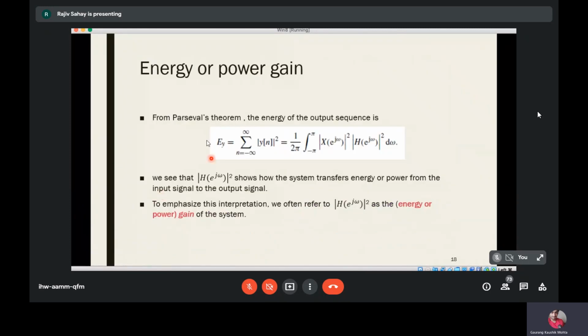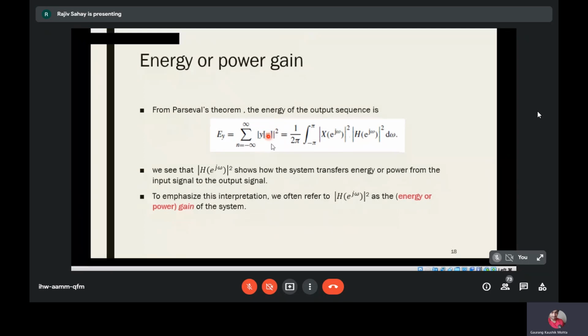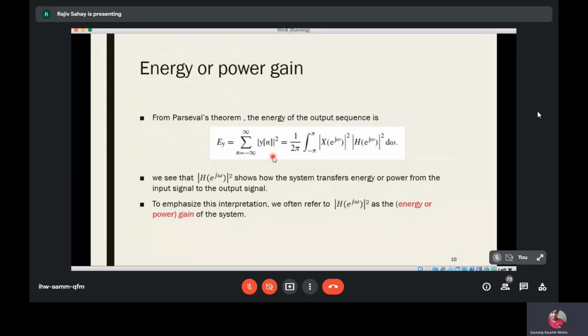Okay, so energy or power gain. From Parseval's theorem, we have the energy of the output sequence. So this is the output sequence y of n, and its energy can be calculated using the eigenfunction property with Parseval's theorem like this.